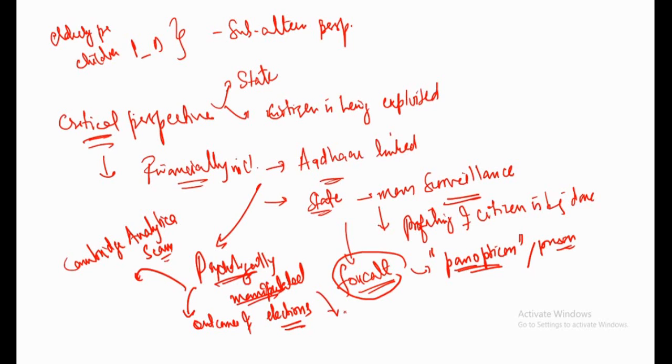Okay, so people can be influenced using their data. So this you can write. Okay, this is the critical perspective. We have looked at demonetization from the critical perspective. So these were some of the sociological perspectives on demonetization.